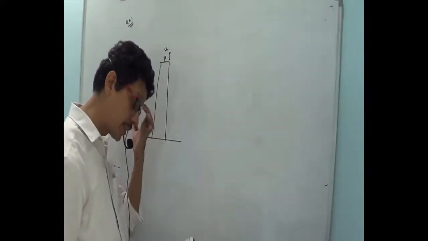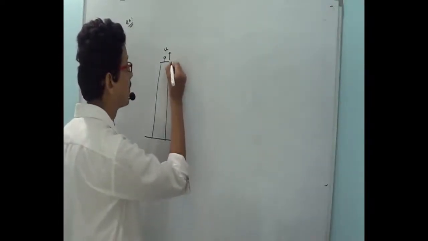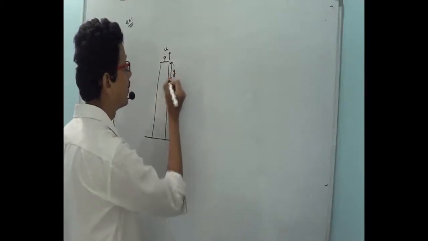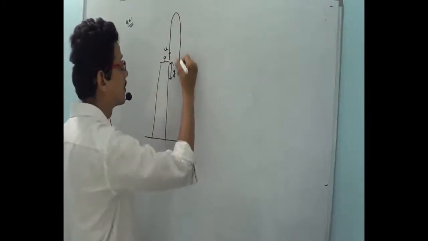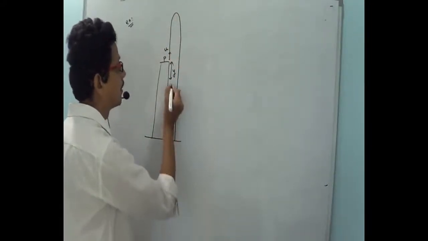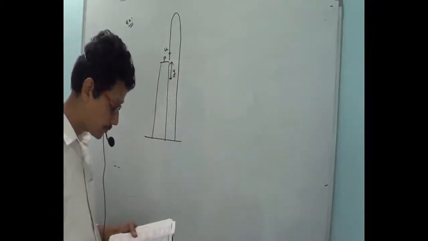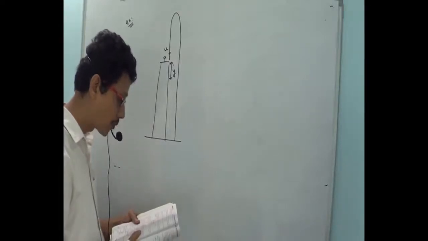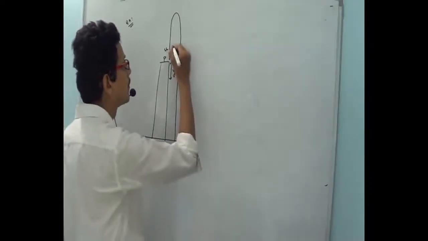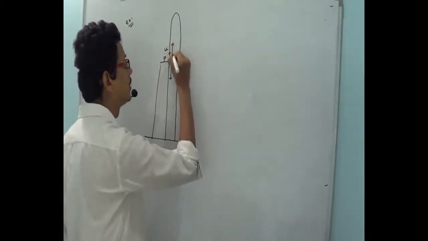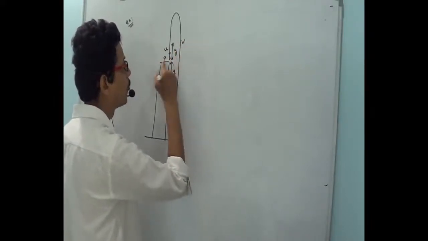When it reaches a distance y below the point of projection, its velocity is double the velocity when it is at a height y above p.